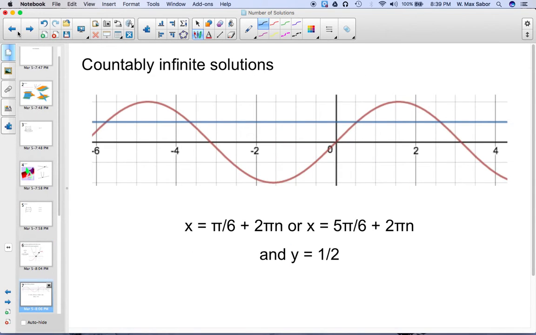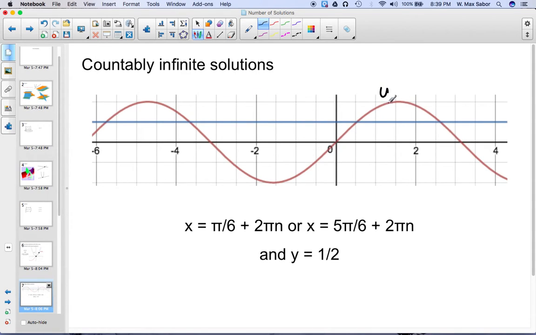What does it look like when we have infinite solutions, but it's not a whole line or a whole plane? And this is what we saw when we dealt with the general form of trigonometric solutions, where we had sine.